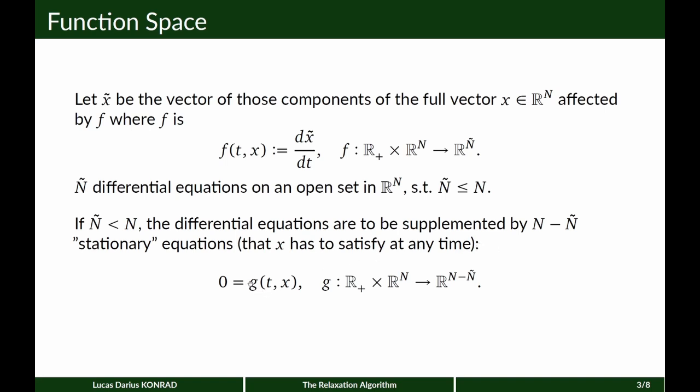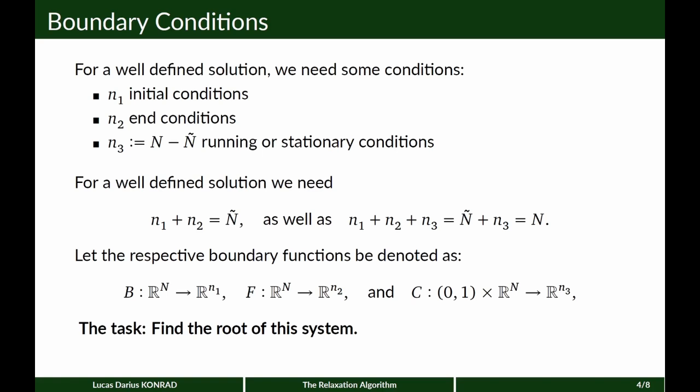And these conditions are denoted by g. This g is exactly, again, time here is the positive real line, x is exactly the dimension of my variable vector, and it's going to be mapped into n minus n tilde. So all those stationary equations. To simplify notation, we call the number of initial conditions n1, the number of end conditions n2, and the number of stationary conditions n3.